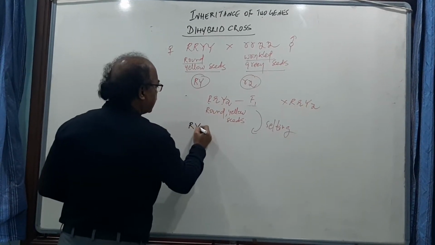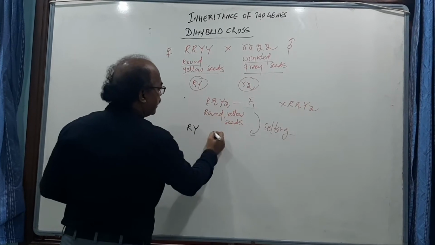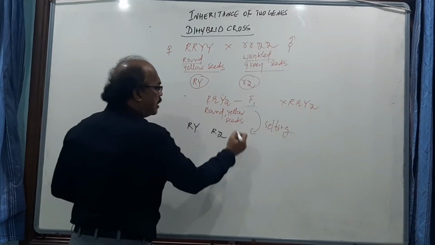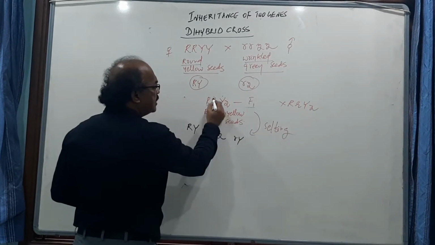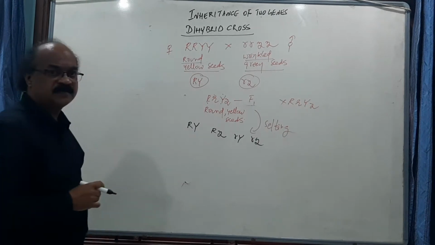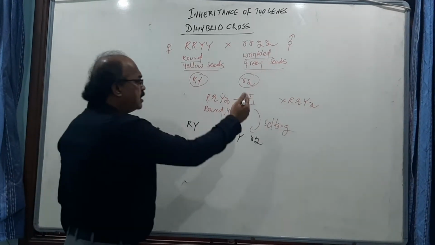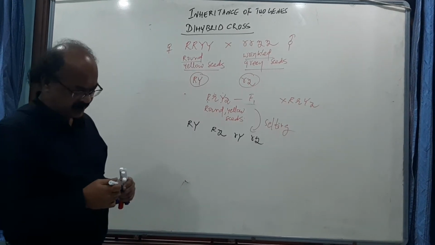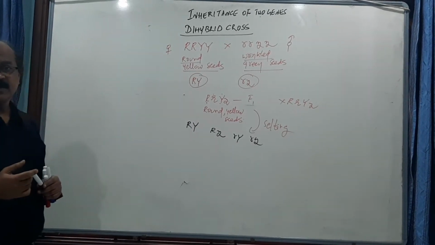Capital R capital Y, capital R small y, small r capital Y, small r small y. Four types of gametes you are getting. Here also you are getting the same four types of gametes.